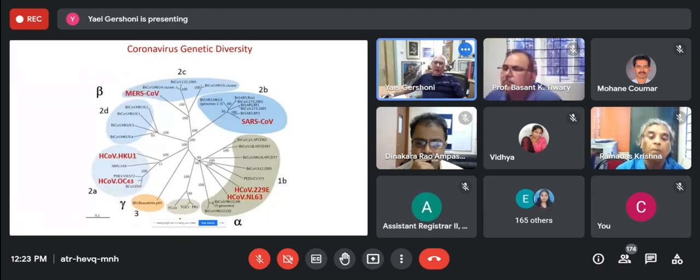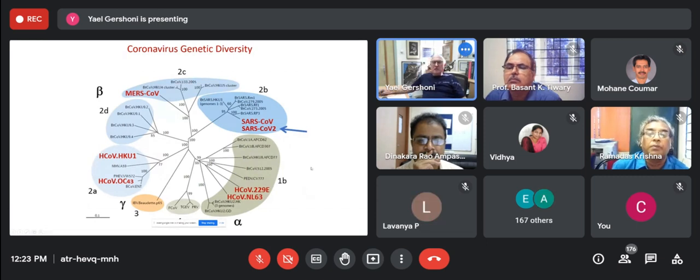Now, it suffices to say, if we look at the genetic diversity of corona, and we saw SARS and MERS, it wouldn't be reasonable not to mention SARS coronavirus 2. And so you can see that SARS coronavirus 2 and the genetic diversity in the phylogenetic tree is very, very close to SARS-CoV-1.